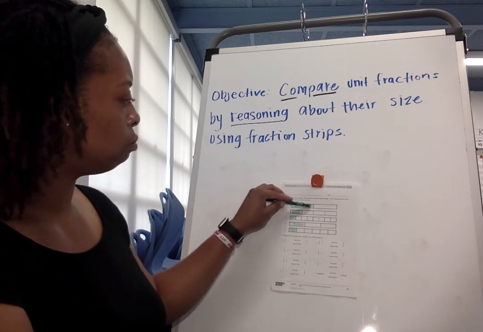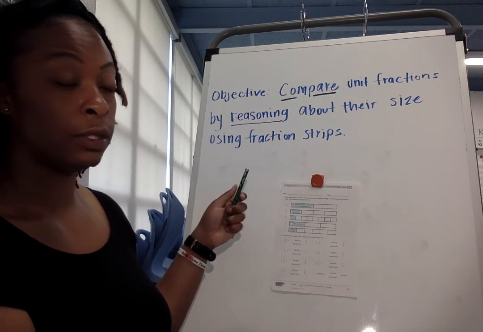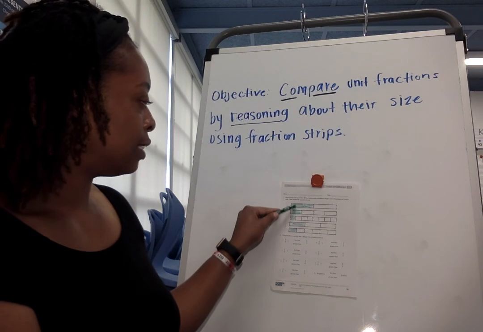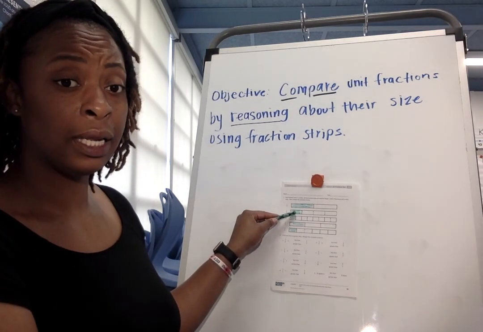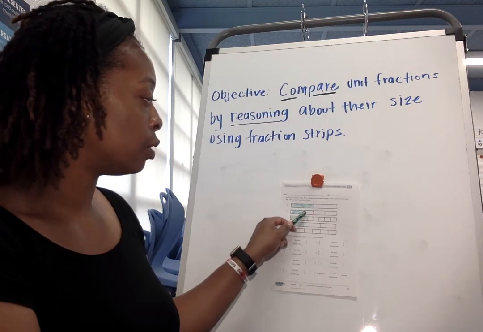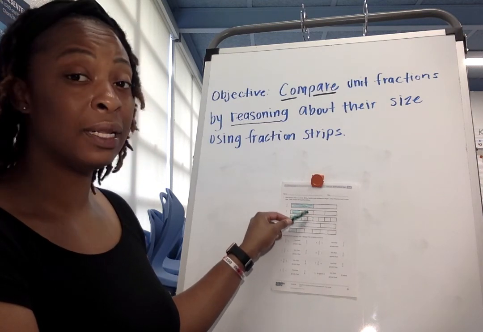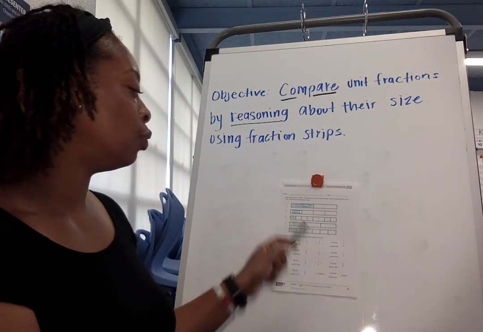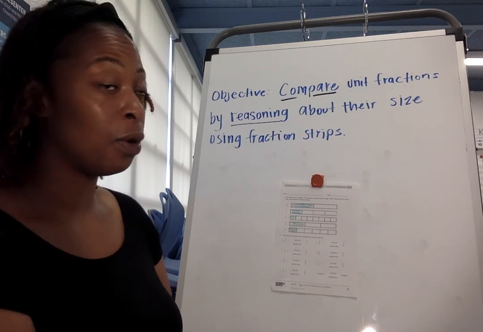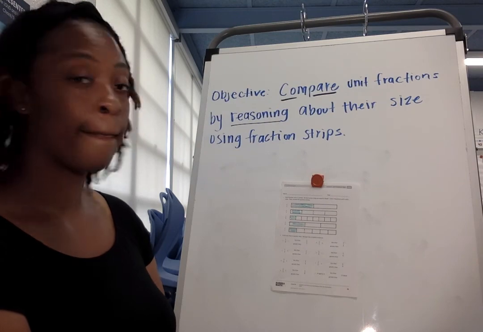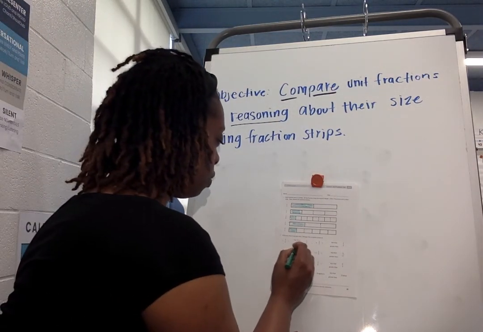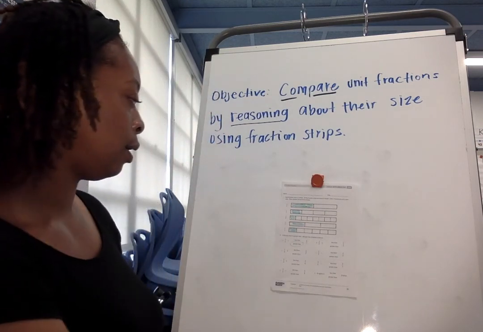It takes up half of the entire fraction strip. 1/4 looks a little bit less than to me. It's not as much. Now, if there were 2/4 filled in, it would be the same as 1/2, but it's only 1. So 1/2, is it greater than or less than 1/4? 1/2 is greater than 1/4, so you are going to circle that greater than.